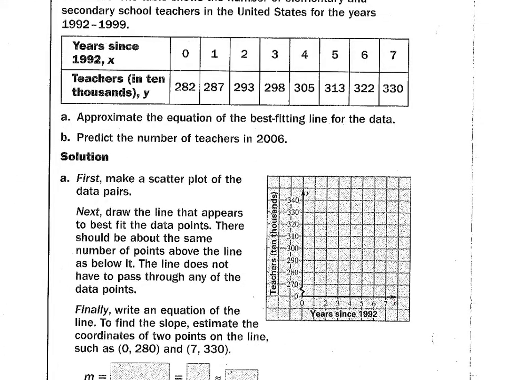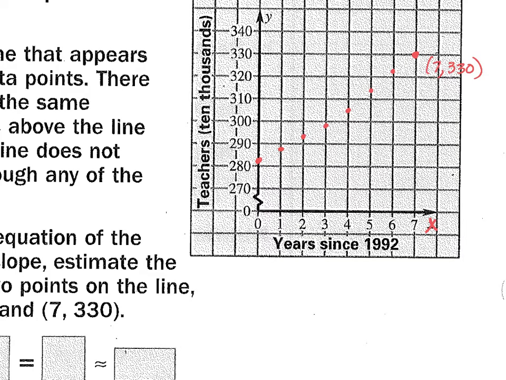What I want you guys to do is plot the data. Notice your x is the years since 92, 0 being 92, and the y is teachers in the 10,000s. So go ahead and plot those points. Notice it ends up at (7, 330), which is a good point.